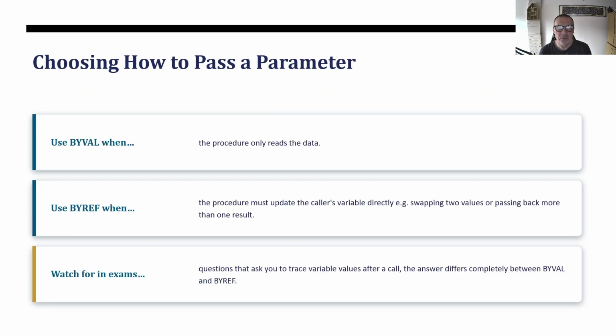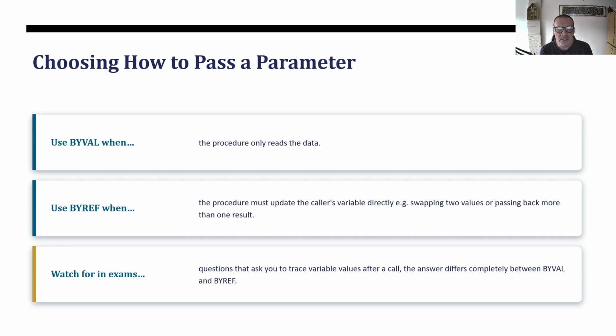How do we choose whether to use by val or by ref? So use by val if your procedure just wants to read the data, use it, but it's not updating it to be passed back. Use by ref when the procedure needs to update the caller's variable directly, for example swapping two values, or when you're passing back more than one result.